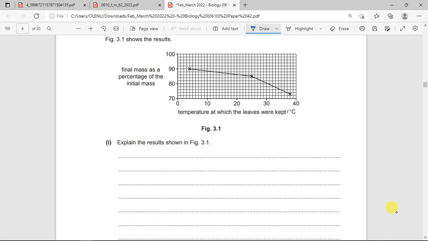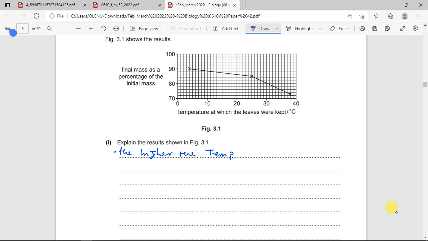This is simple. You find out that the higher the temperature, the lower the final mass as a percentage of the initial mass. Sorry, I'll just abbreviate here.